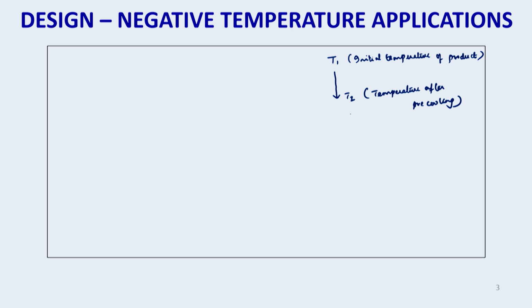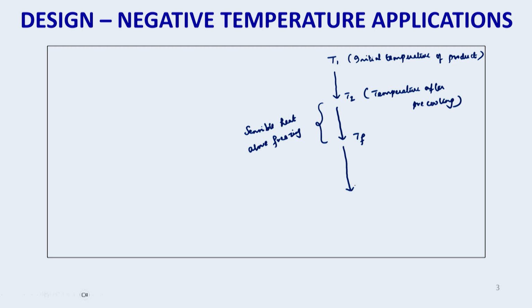Then from T2 to TF, that is sensible heat above freezing, and from TF to T3.